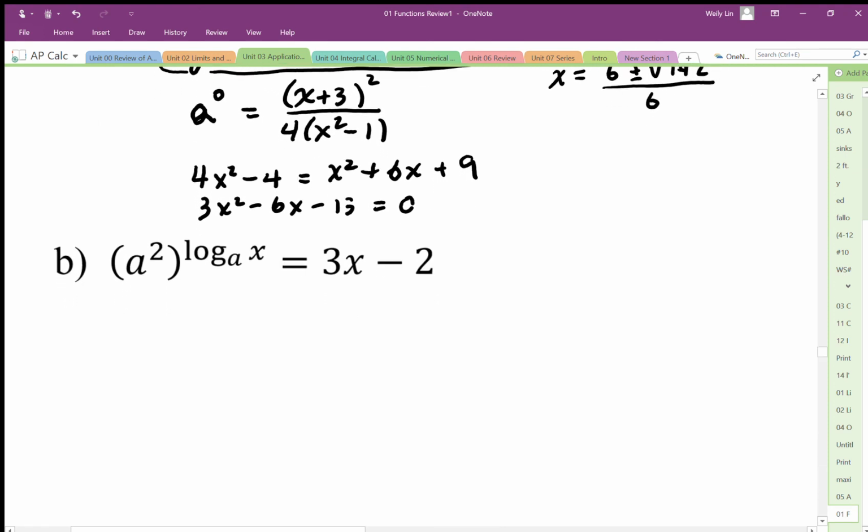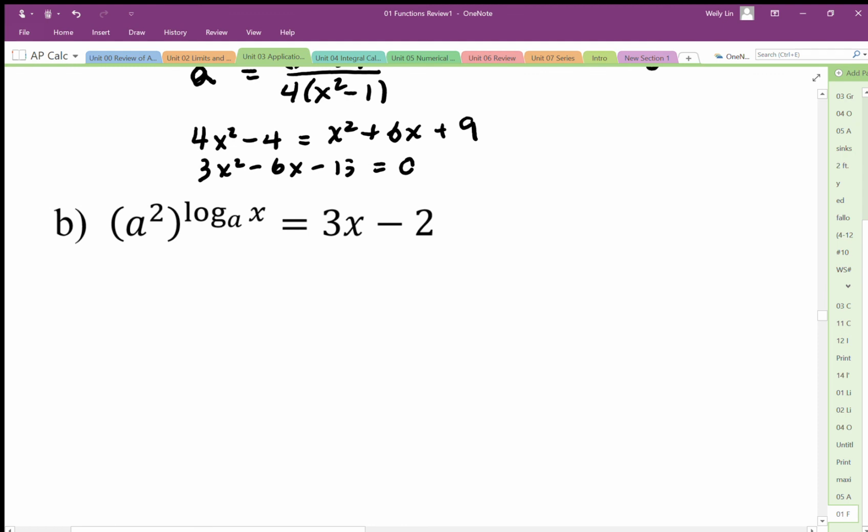Okay, for this one here, we can just solve this one as well. Let's use our log properties. Here we can rewrite this as a to the power 2 log base a of x. In fact, I'm going to skip a step here, and I'm going to just put that as x squared, because that 2 can apply to the exponent.